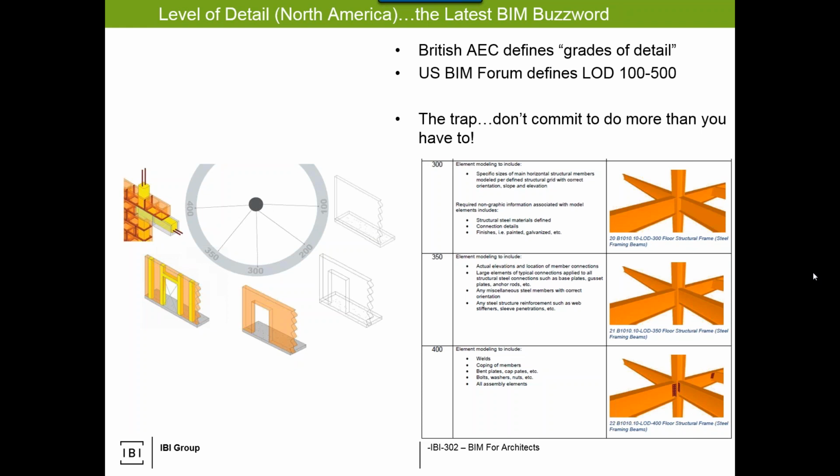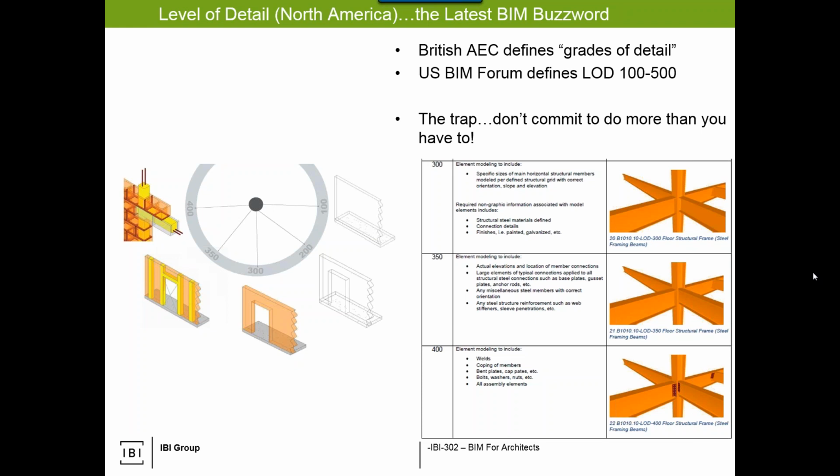So what I like to say is when we're looking at our proposals, anything above an LOD 300, which is what I term in North America, good enough to get to our contract documents, stop, pause, raise your hand and say, hold on, why are you asking for more? What are the cost implications for doing more, and the liability implications, especially on projects where it's a design bid project.